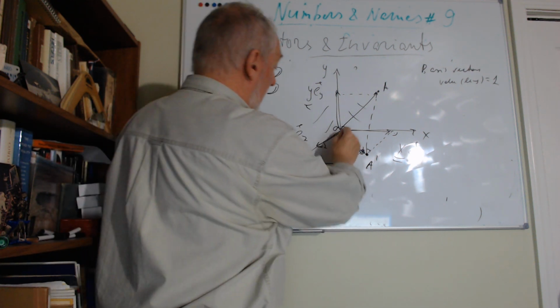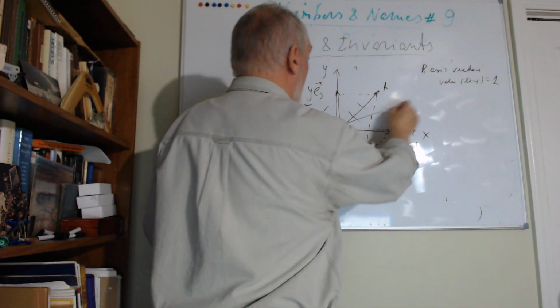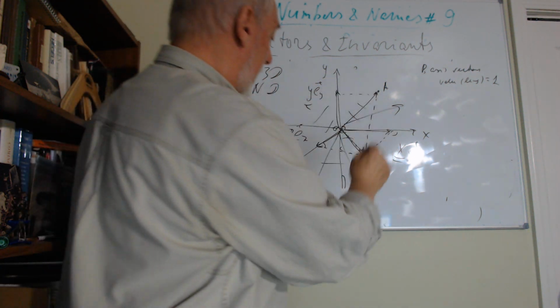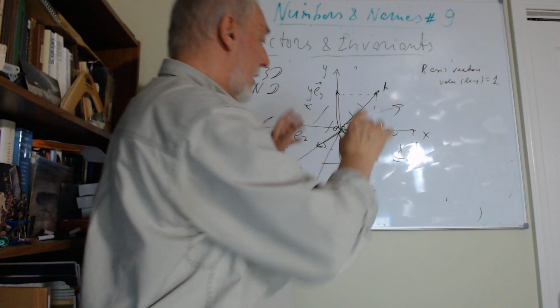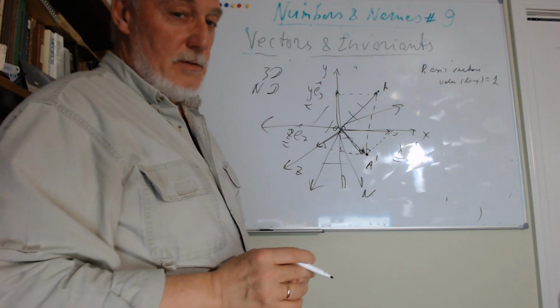So many other axes here, all of them at right angles with all the arrows, a lot of n axes, and of course n basis vectors.